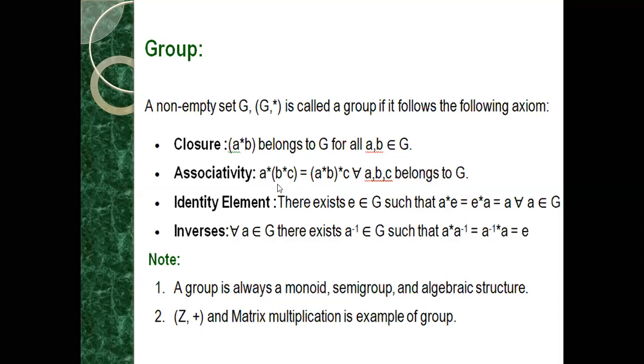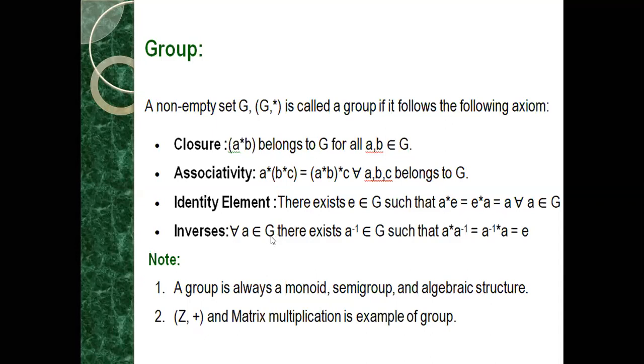Next one, identity element. So what is identity element? For a belongs to G, there exists e belongs to G such that a star e is equal to e star a is equal to a. Then inverse.